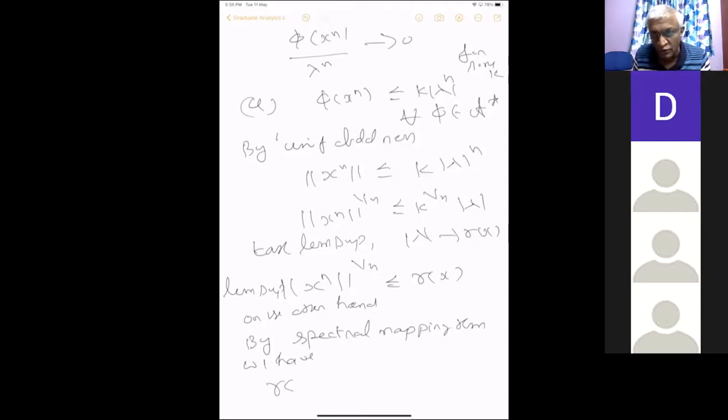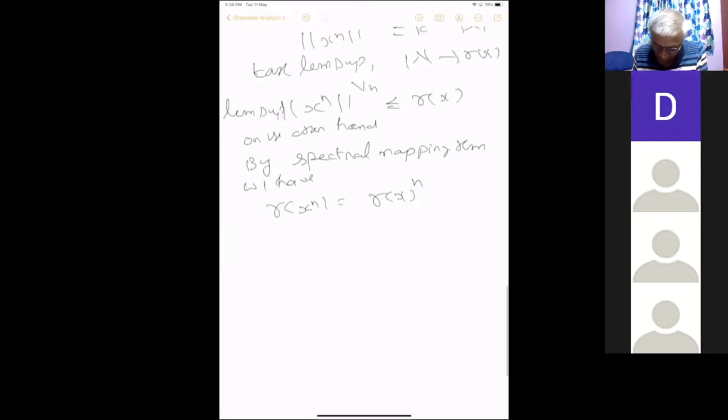In particular, it's true for the polynomial x^n, and in particular for the spectral radius: R of x^n equals R of x to the power n. So this implies R(x) equals R(x^n) to the power 1/n.